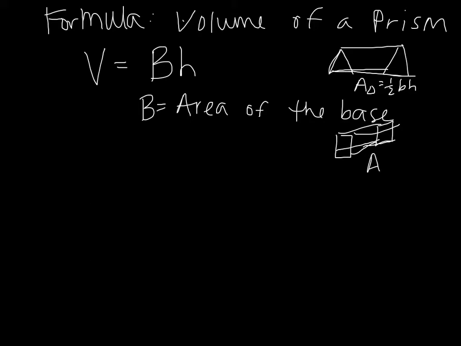The area of a rectangle equals base times height. What if it's a trapezoidal prism? Then the area of a trapezoid equals 1/2 height times base 1 plus base 2. Sorry, these should be lowercase b's because capital B means area of our base.